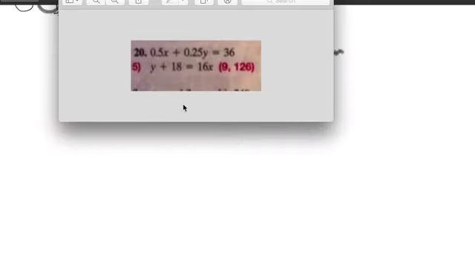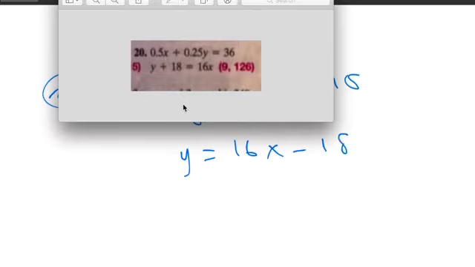So, number 20. Okay, 20 there. You solve for y plus 18 equals 16x. You solve for y, so you minus 18 minus 18. Of y equals 16x minus 18.